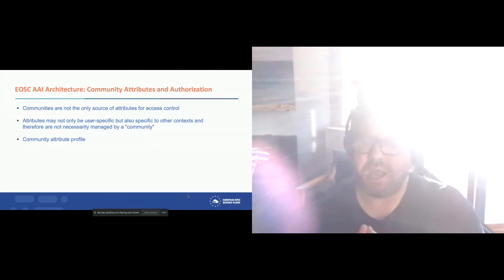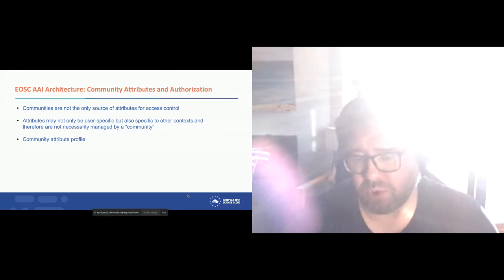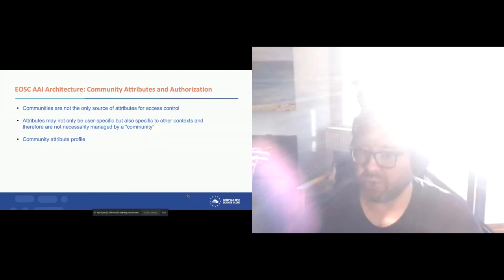For example, any researcher or research group might get access to specific high-profile or high-cost resources on a given high-performance computing center. How can we manage the access there? These are not necessarily based only on the aspect that somebody is a member of a given collaboration, but also possibly because of the result of a peer review that has granted a specific grant to that particular group to be able to use these resources.